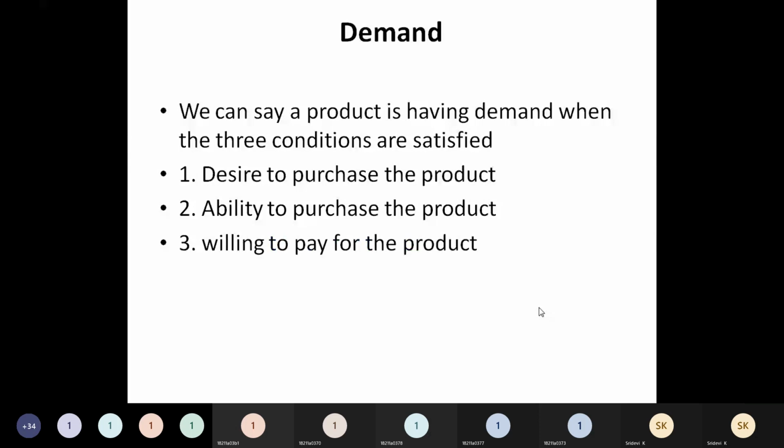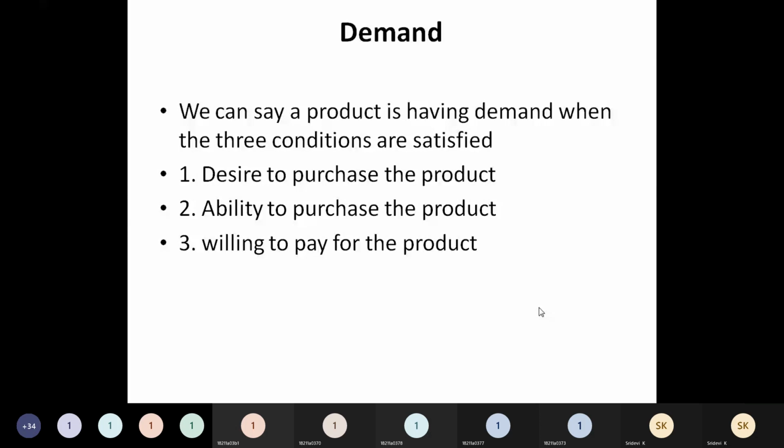Even though I have ability, even though I have desire, if I have some second thought, I will postpone it this time. Instead of purchasing this building, I can go for some other thing. If I am not willing to come forward to purchase that, then I am not going to purchase that product, right? Then we cannot say that that building is having demand.